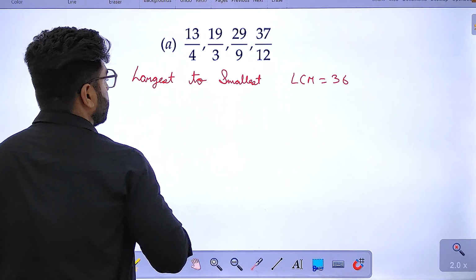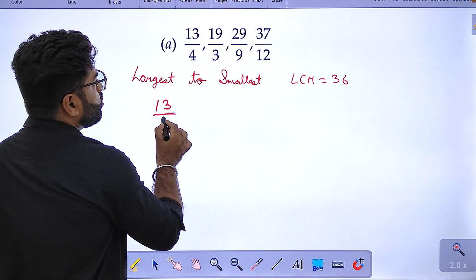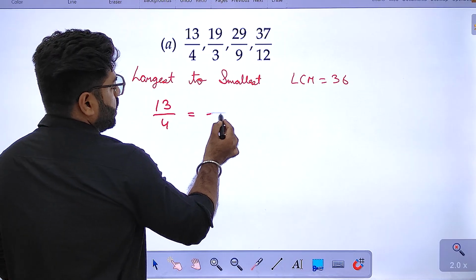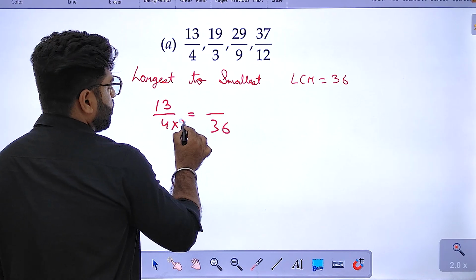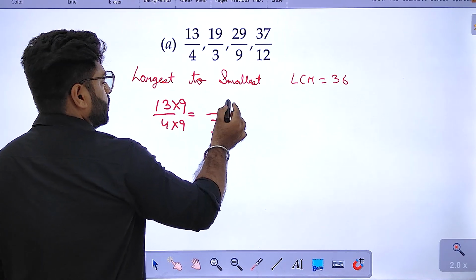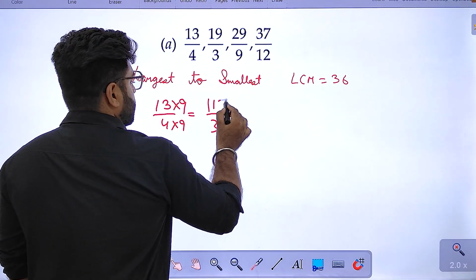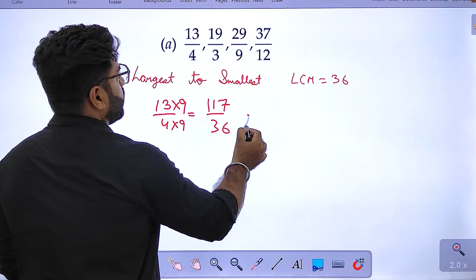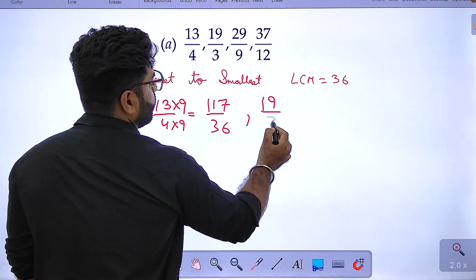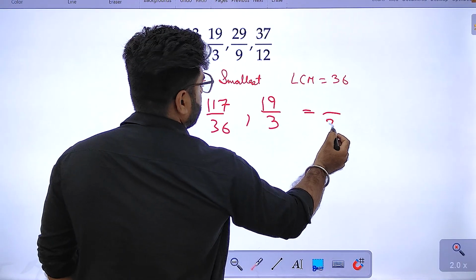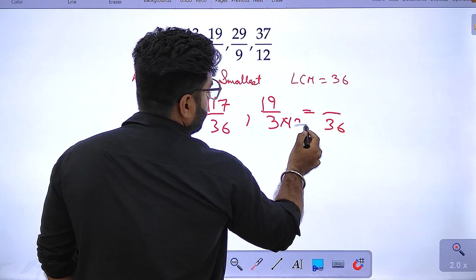First we have 13 by 4. We have to change this to 36, so we multiply by 9. This is 117. Then we have 19 by 3, so here we multiply by 12.